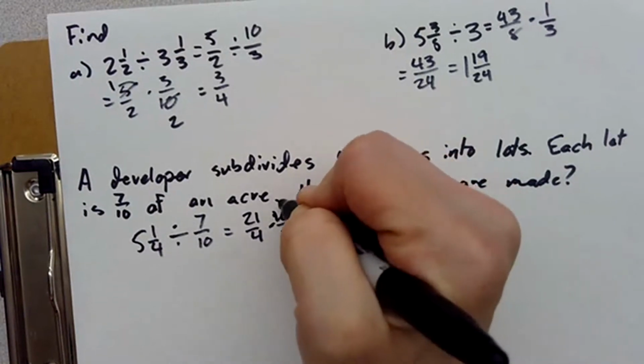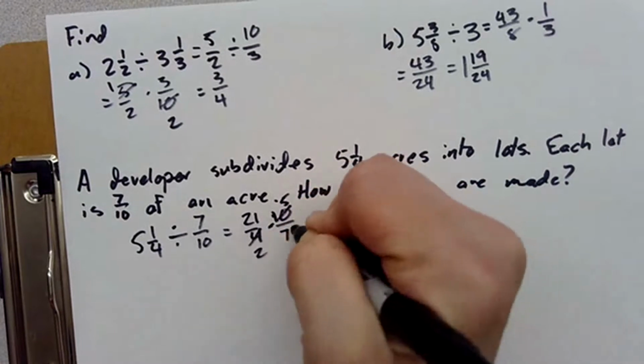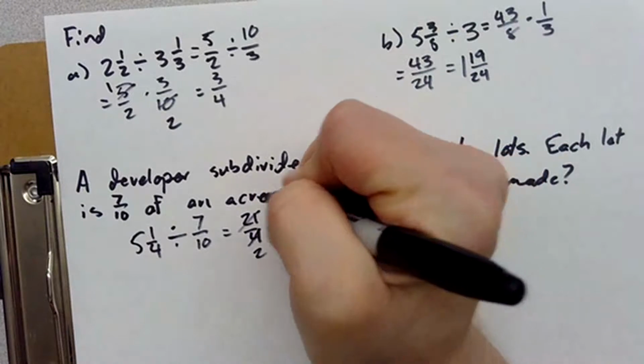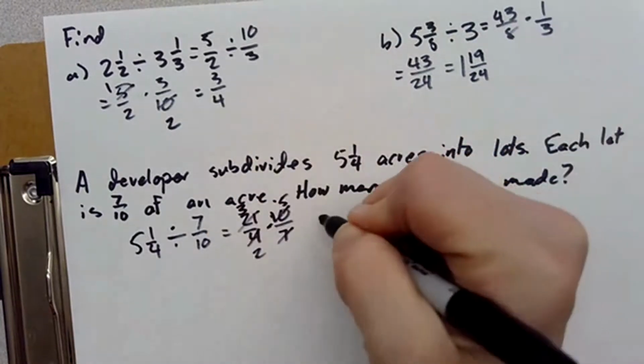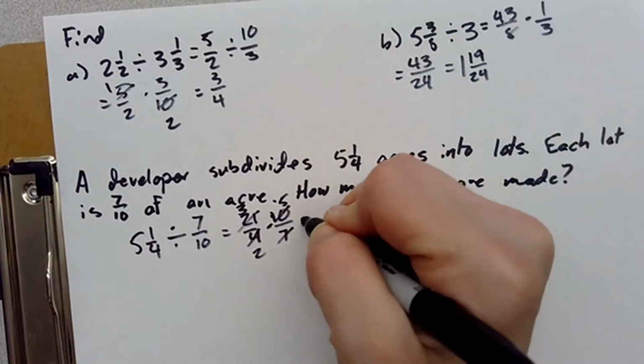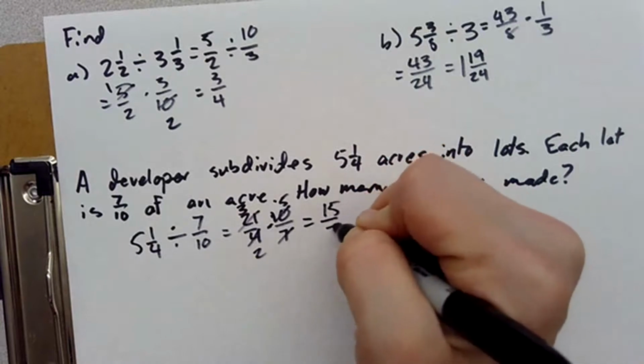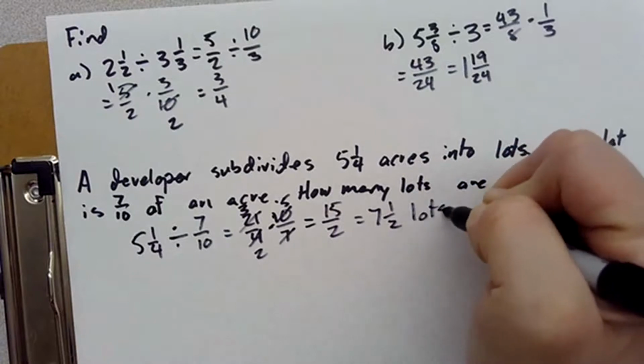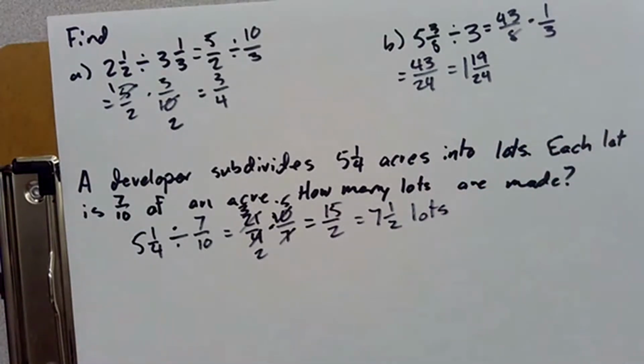Well, I can take a 2 from here and from here, take a 7 from each of these, and we wind up with 15/2, which is 7 1/2 lots. So we'll probably have 7 whole lots and then an extra bit of land.